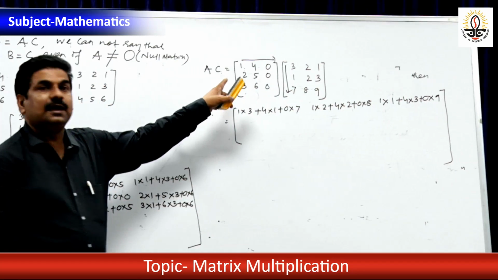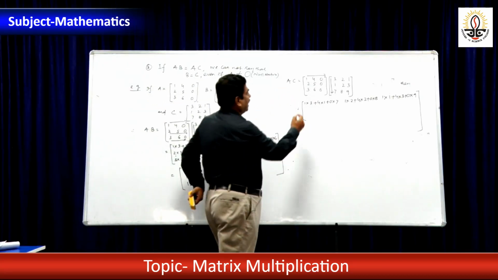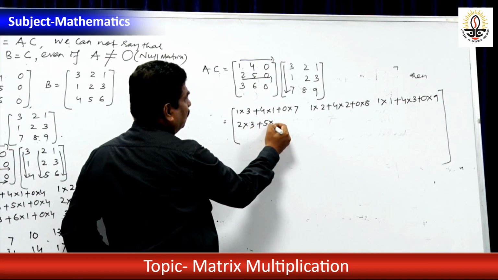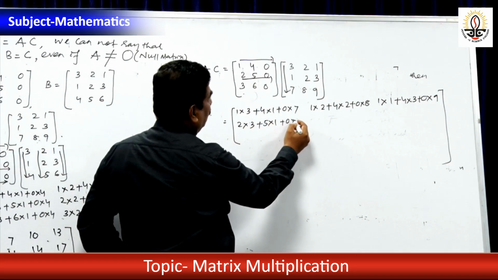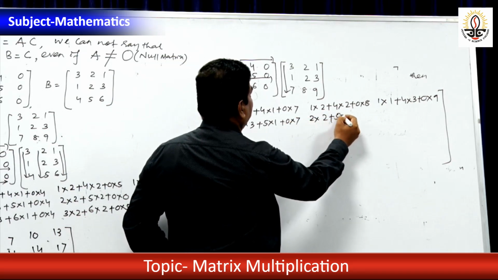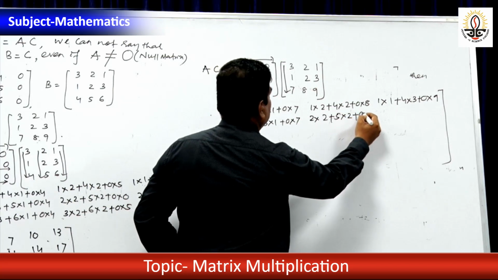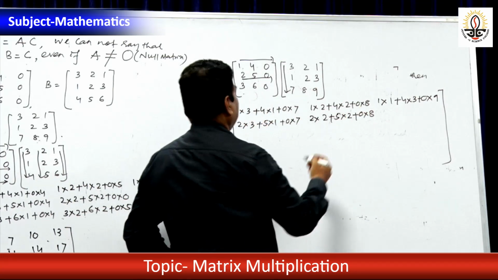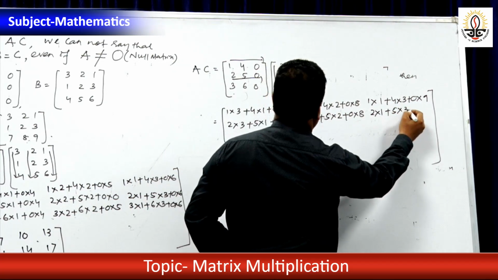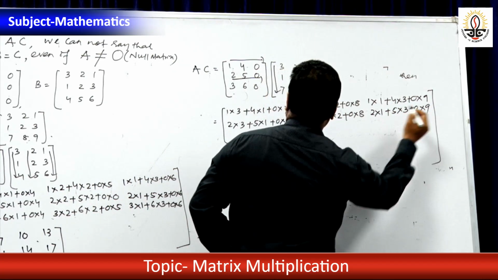Okay. Again, in the second case, you multiply 2 into 3, 5 into 1, 0 into 7. 2 into 2, 5 into 2 plus 0 into 8. Again 2 into 1 plus 5 into 3, 0 into 9.